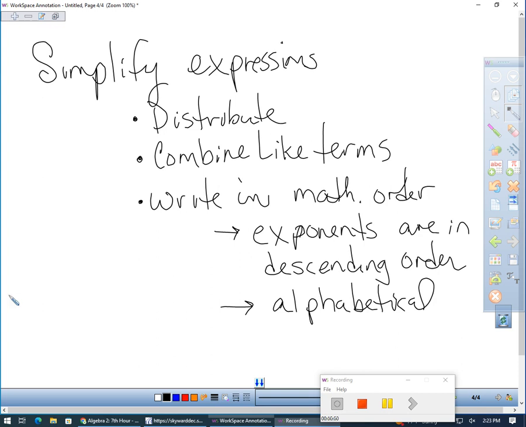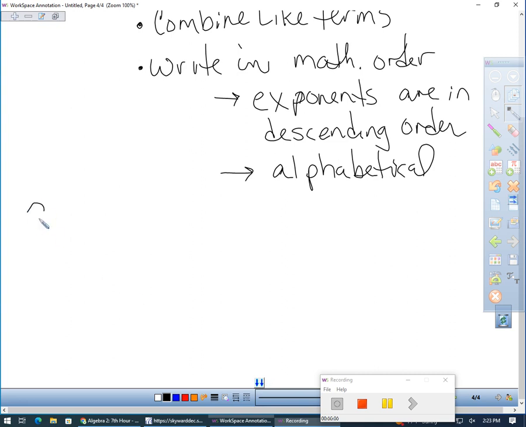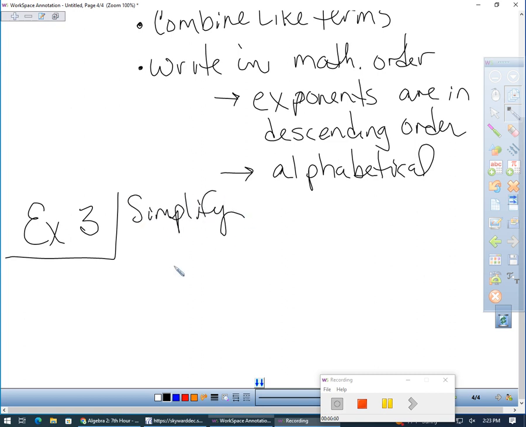Alphabetical. All right, so here is example number 3. For example number 3, maybe I have something as simple as, so let's simplify this. Say I have 3x minus 2x squared plus 7x plus 9x squared.